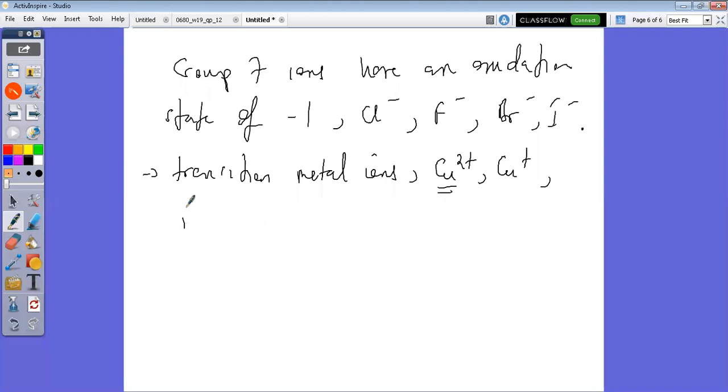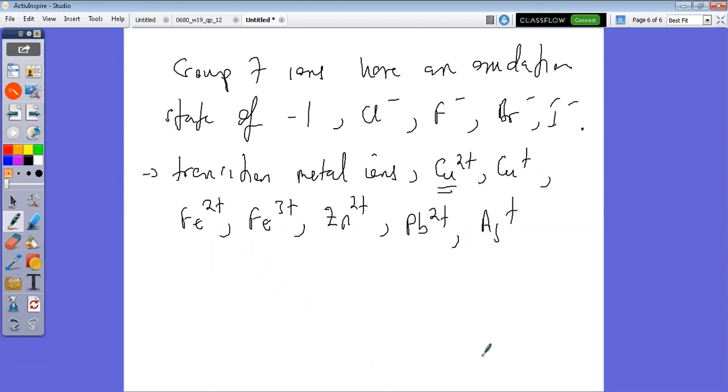Then iron has 2 oxidation states: iron 2+ and iron 3+. Then zinc, only 1 oxidation state, 2+. Then lead, only 1 oxidation state. Silver, 1 oxidation state. I'm giving you the common ones. Then the ammonium ion, NH4+.